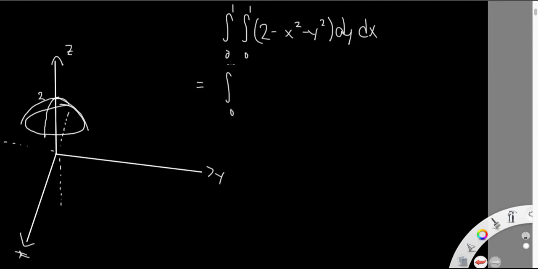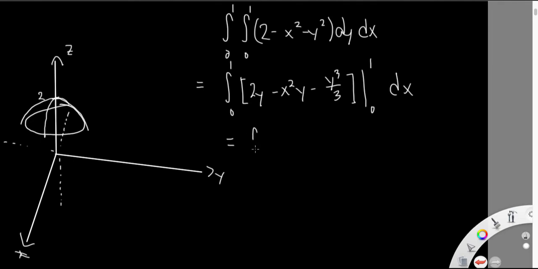We'll get the integral from 0 to 1 of 2y minus x squared y minus y cubed over 3. Again, this is just Calculus 2 material, just taking antiderivatives, so I'll go through it fairly quickly. Plug in our limits of integration: plugging in 1, we'll have 2 minus x squared minus 1/3. Plugging in zeros, we get a bunch of zeros.